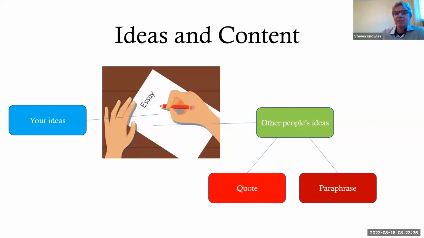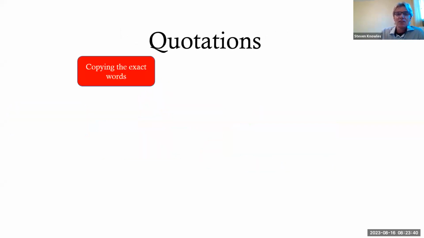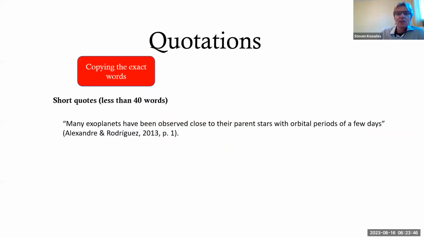Quoting is perhaps the easiest, so we'll look at that first. Here's how we quote, or copy the exact words. Here's an example. What we do is we make sure our quote, such as here, is inside quote marks.